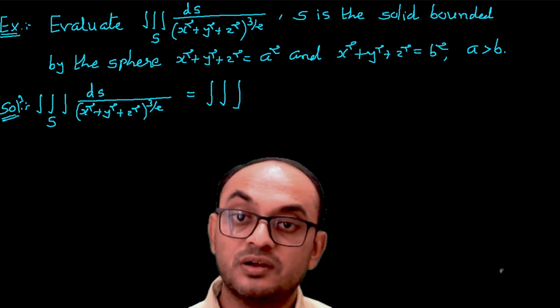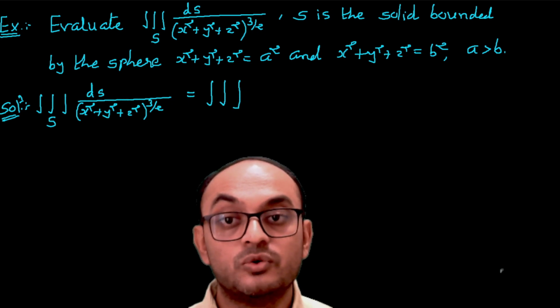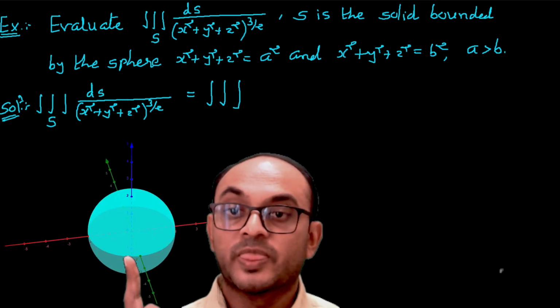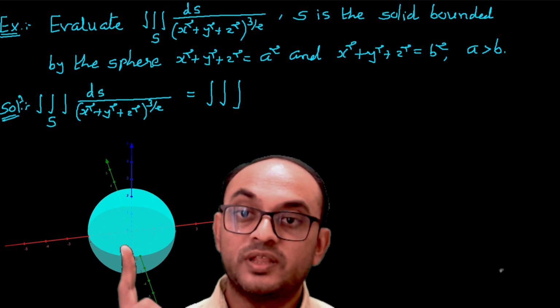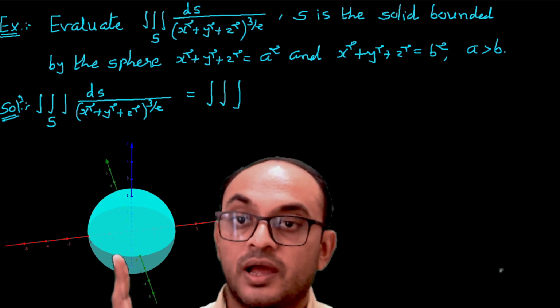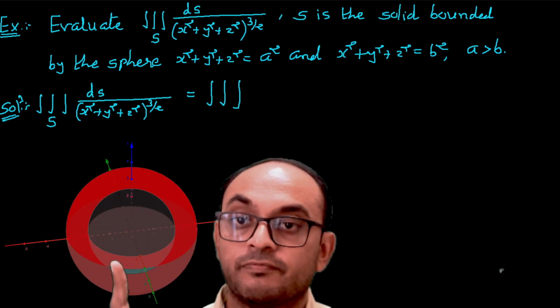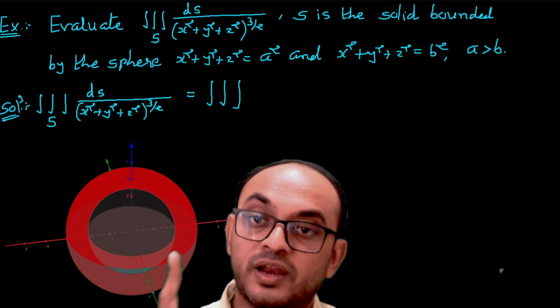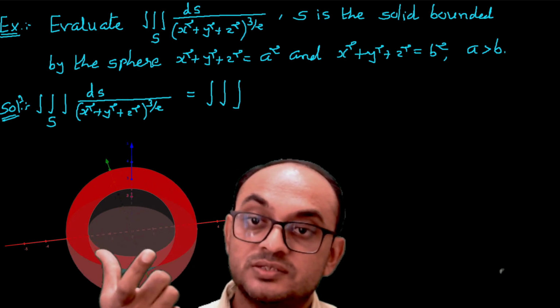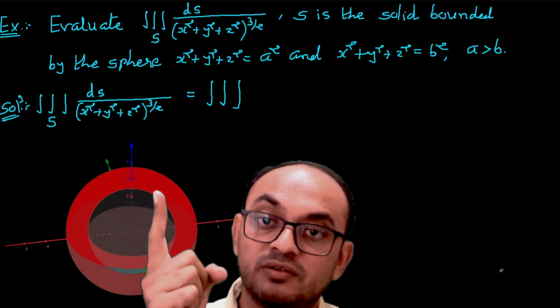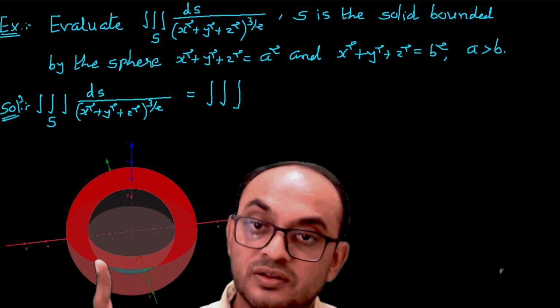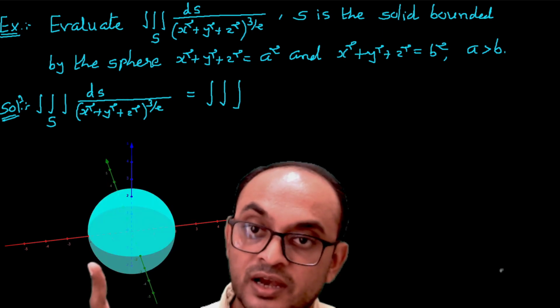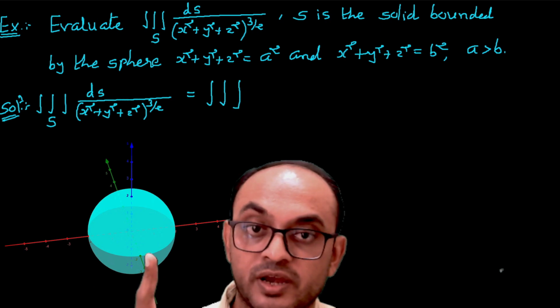So the first thing, how does the sphere look like? See, this is the sphere with radius b, and this is the sphere with radius a. The red colored sphere is the larger one with large radius, and this one has the small radius, right?